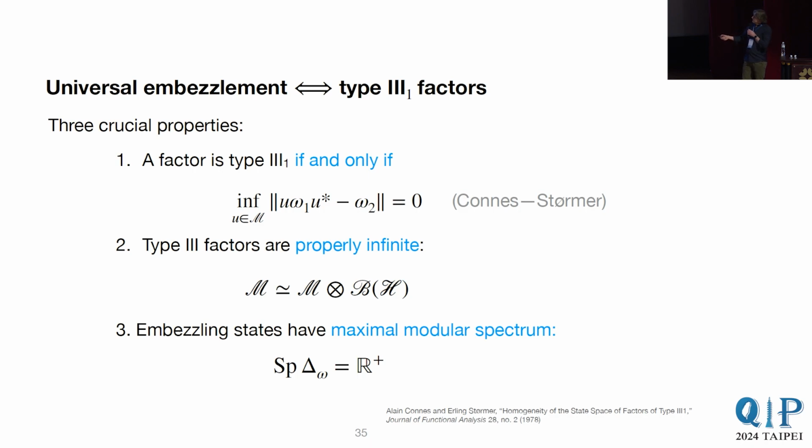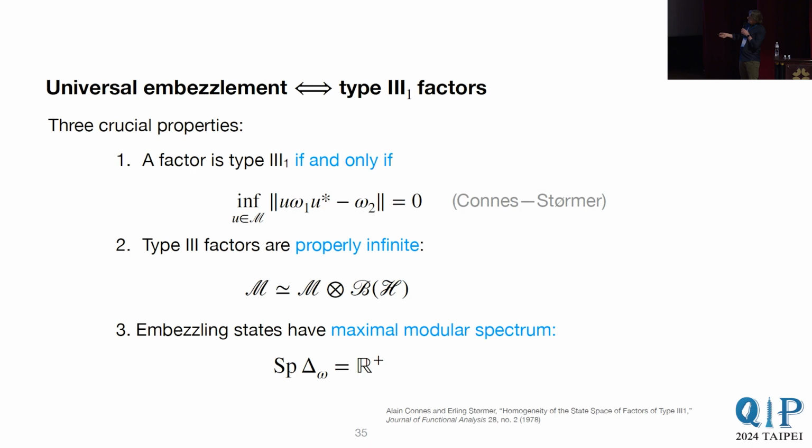And moreover, Henrik already told you that these factors are so-called purely infinite algebras, and they are therefore in particular properly infinite, which means that they are isomorphic to themselves tensor product with an arbitrary B of H algebra for any H. So, for example, an infinite dimensional one, but also a matrix one.